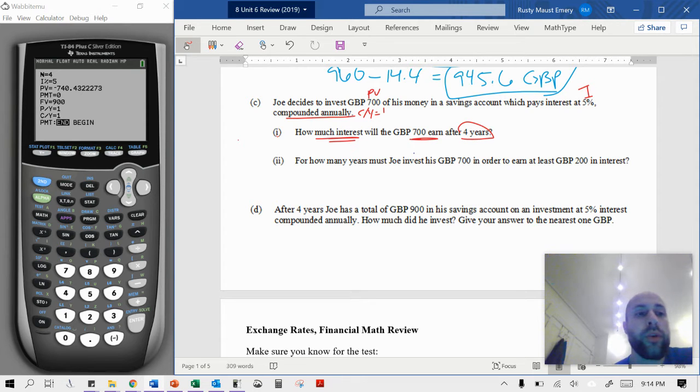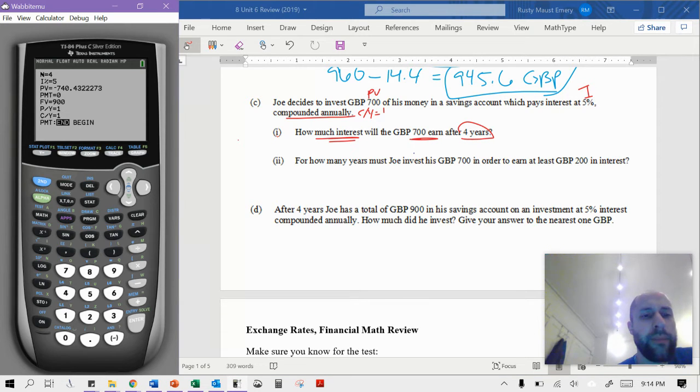So it's 4 years compounded once per year, so 4 times 1 is just 4. You could have just typed in 4 there. 5% is the interest. Present value is negative 700. Future value is, I don't know yet. And then payments per year, compounds per year, that's just 1 because it's compounded annually. It doesn't say anything else about months per year or quarters.